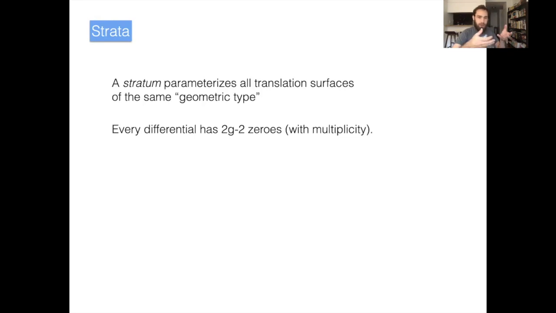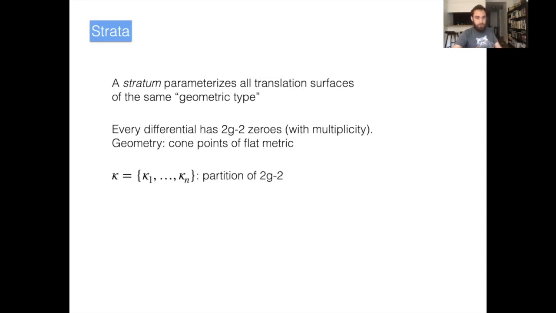Every holomorphic one form, every differential, has exactly 2g minus 2 zeros counted with the appropriate multiplicity. And it's the particular multiplicities that specify which stratum you live in. From the point of view of geometry, I should remark, the zeros of the one form are the cone points of the associated flat metric.